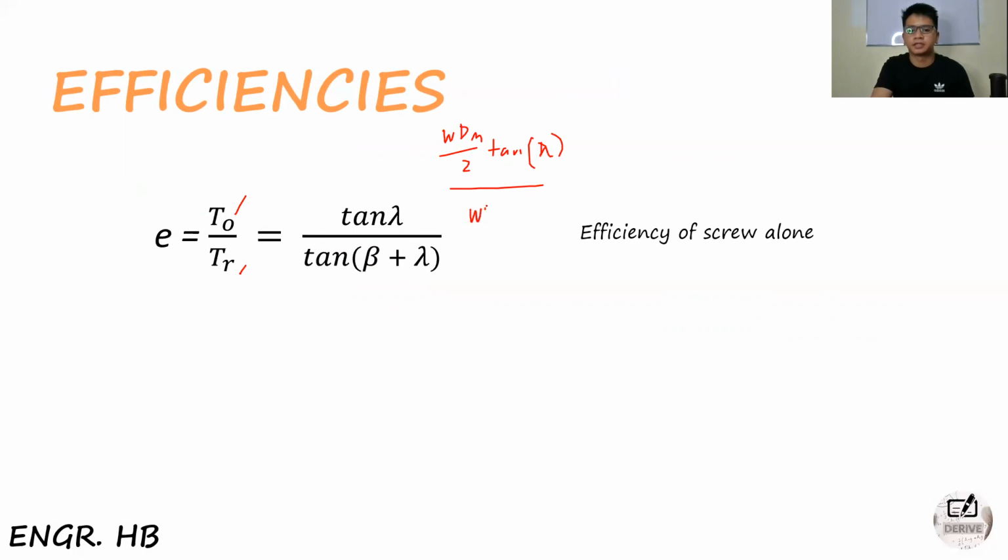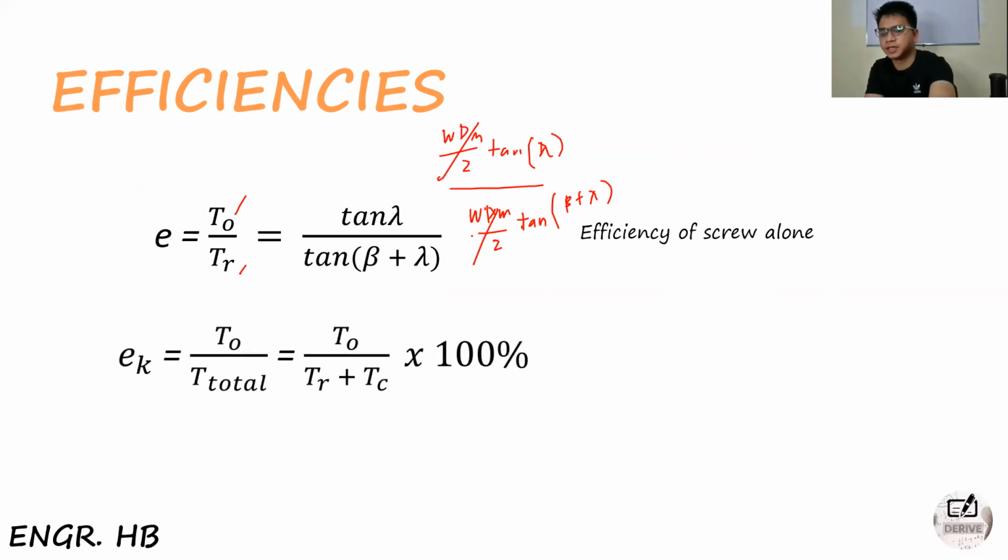So we all know that the TR is W DM divided by 2 multiplied by the tangent of beta plus lambda. So just cancel this 2 and you have tangent of lambda divided by tangent of beta plus lambda. So no need to memorize. Just know the principles. Okay?